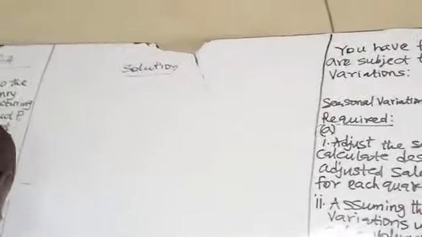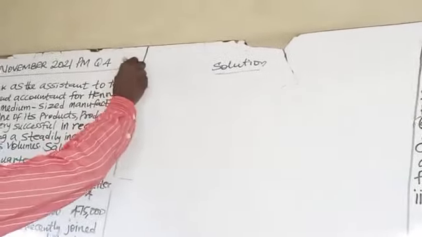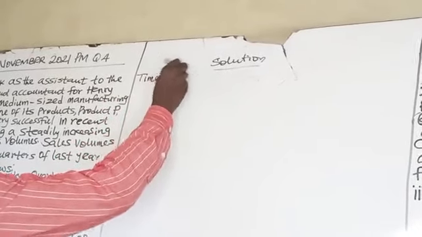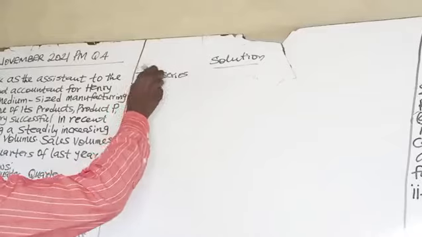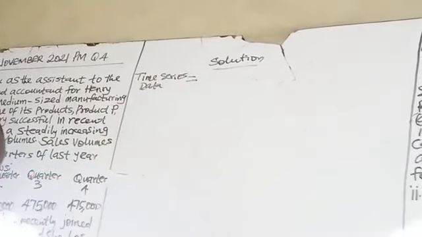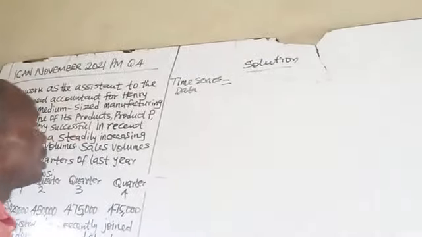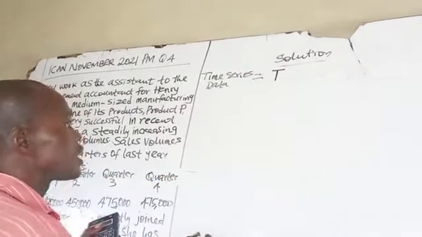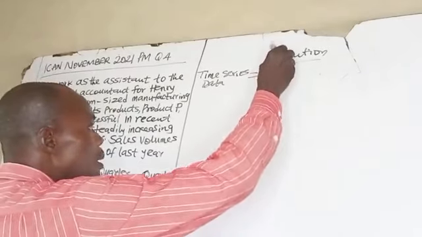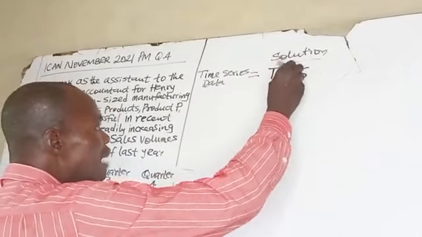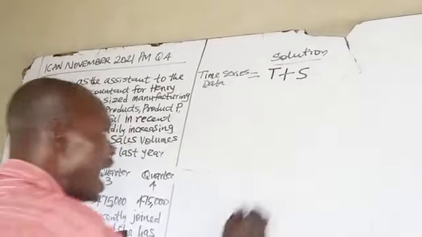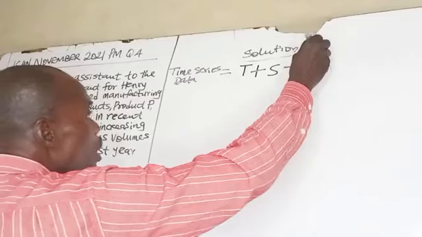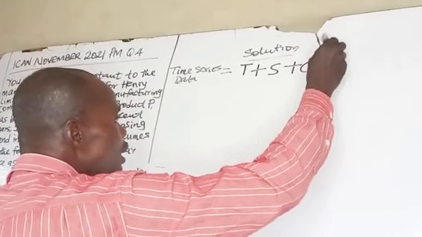I've told you that time series data is equal to T, which stands for trend, plus seasonal variation, that is S, plus cyclical variation, plus random variation.